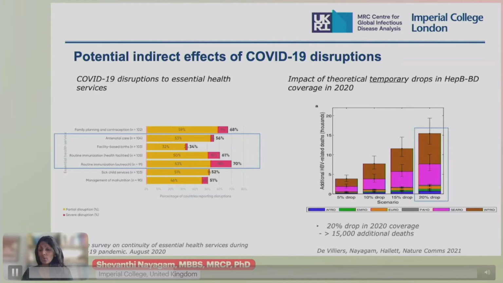And what we saw was a 20% drop in 2020 coverage could lead to an additional 15,000 deaths. And these deaths would be concentrated in the WHO Western Pacific and South-East Asia regions, partly because of the high burden, but also because they already have quite good levels of coverage of hepatitis B birth dose.